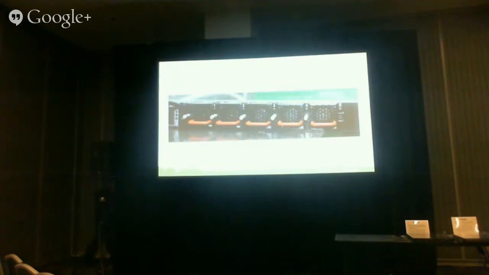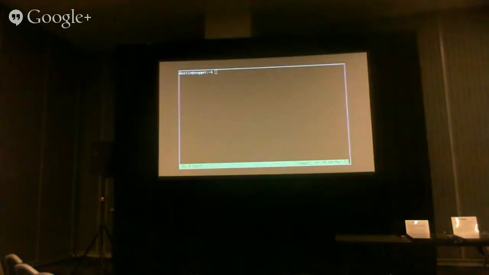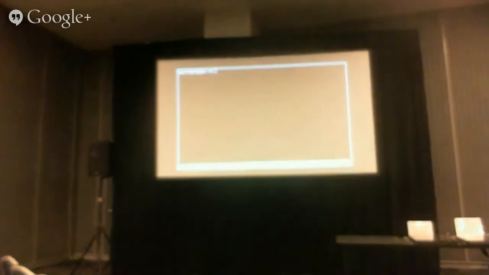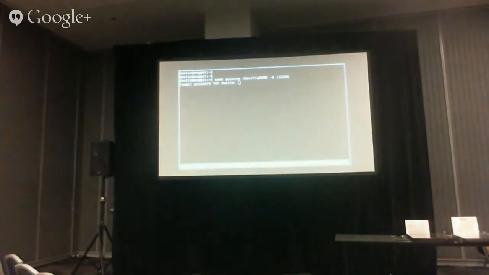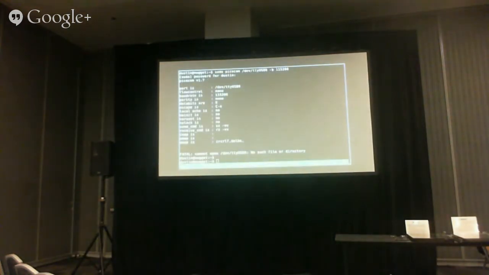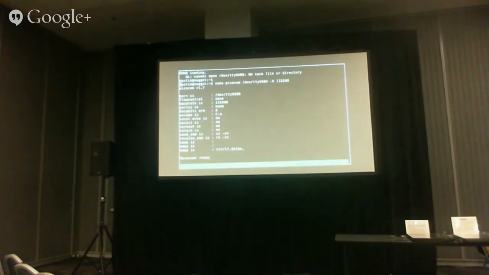So what I have here is a fully described Accton switch.